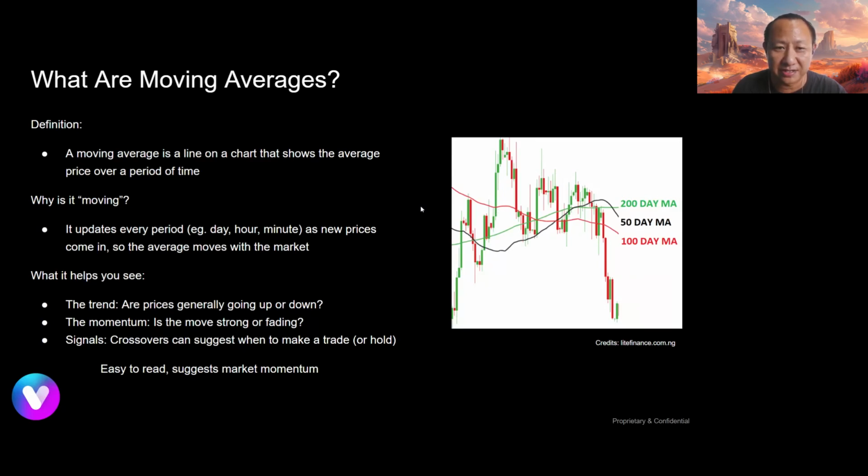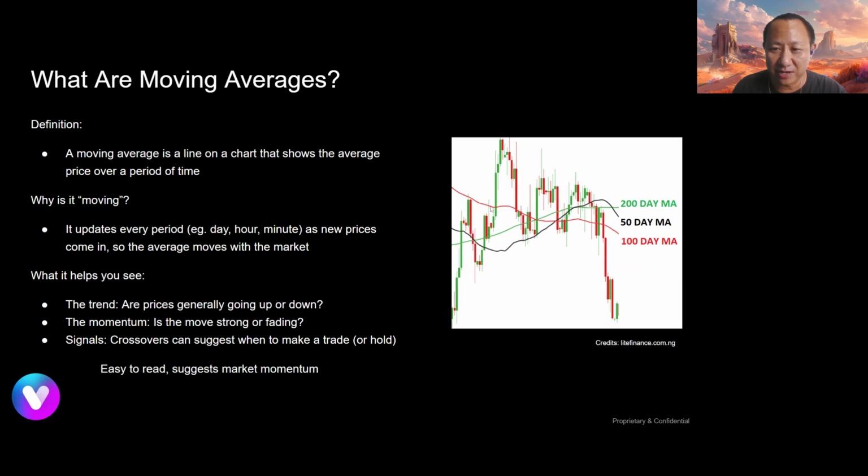Okay, the period can be defined, and that's why people call it moving, because the period, be it the day, the hour, or minute, moves, and the line gets updated as new data comes in. Okay, so it's an average of the prices in the period, and it moves with the market, right?